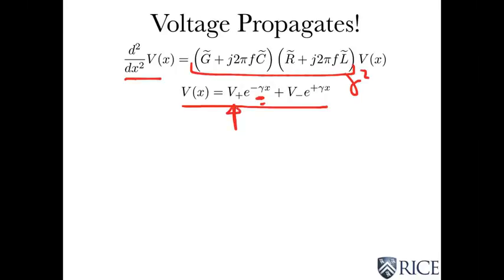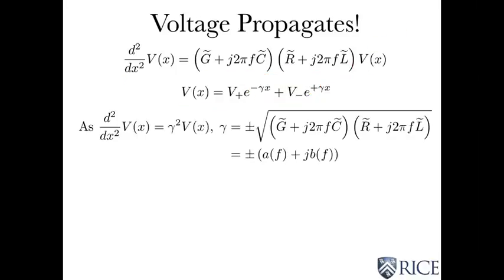The reason for the V plus and V minus we'll get to in a second, but you can have either a plus or a minus in the signs in those exponents. And that solves this equation. So that's the differential equation. We see that the solution looks like this. And gamma is this rather complicated function.